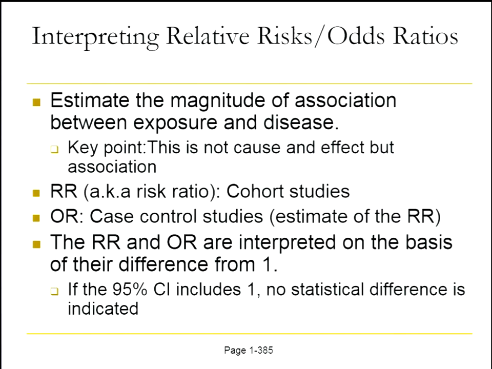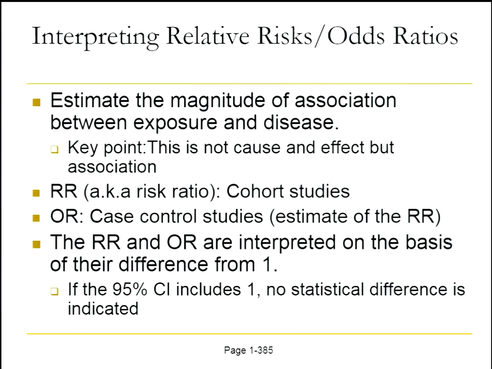So let's look a little bit at interpreting relative risks and odds ratios, the two measures of association that are used in observational study designs. Remember, the key point here is for observational designs, this is not cause and effect, but it's association.